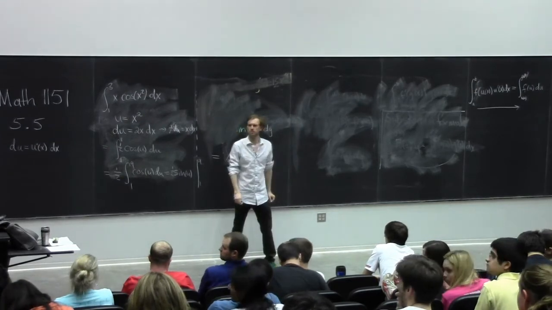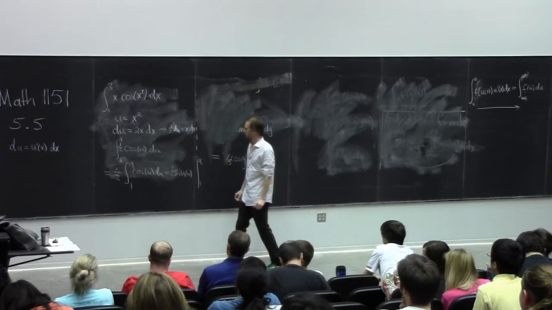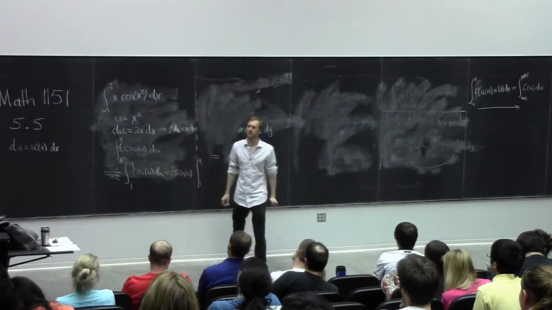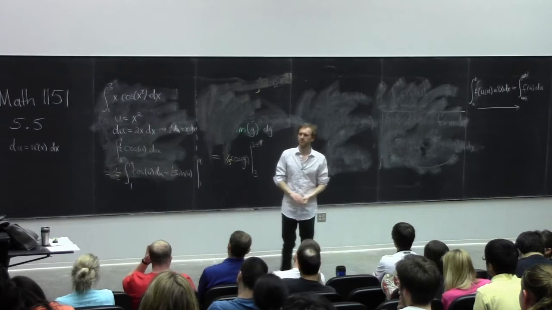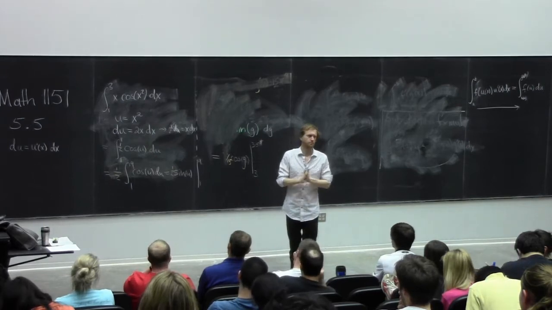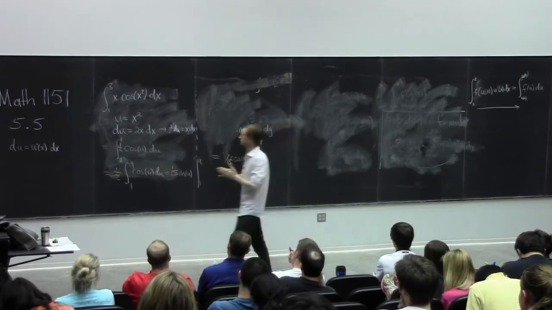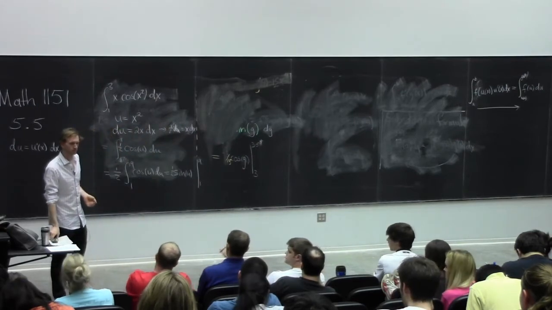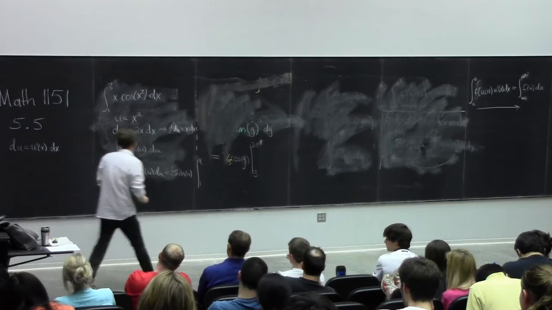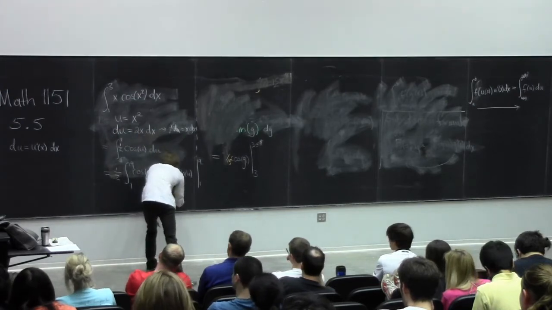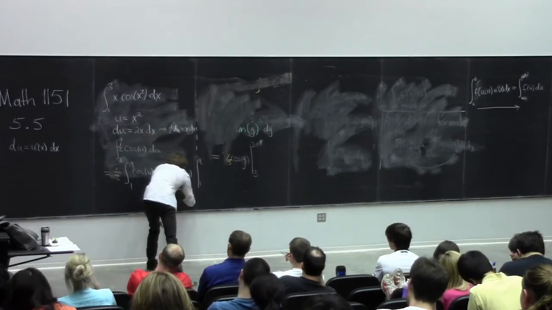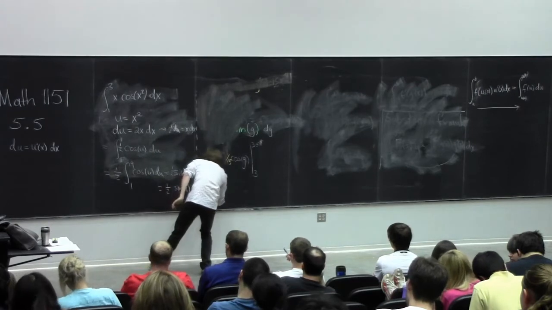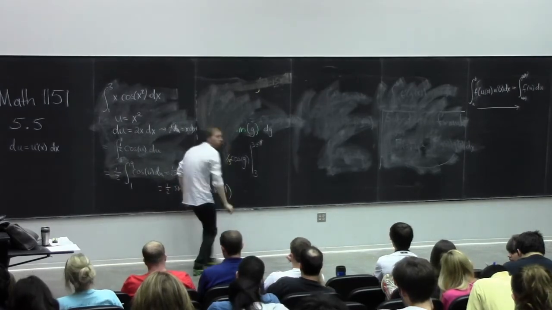The derivative of sine is cosine. So, yeah. You should really write the next step, which is 1/2 sine of 9 minus 1/2 sine of 1.